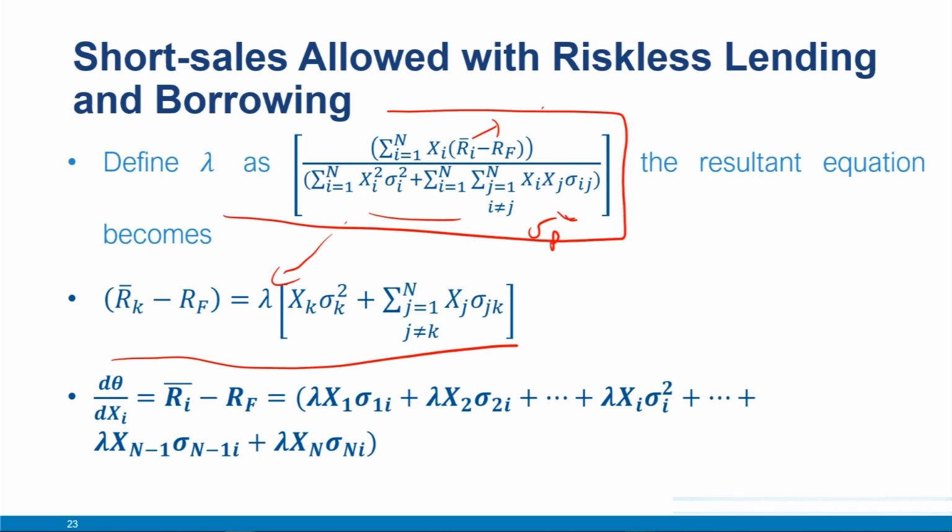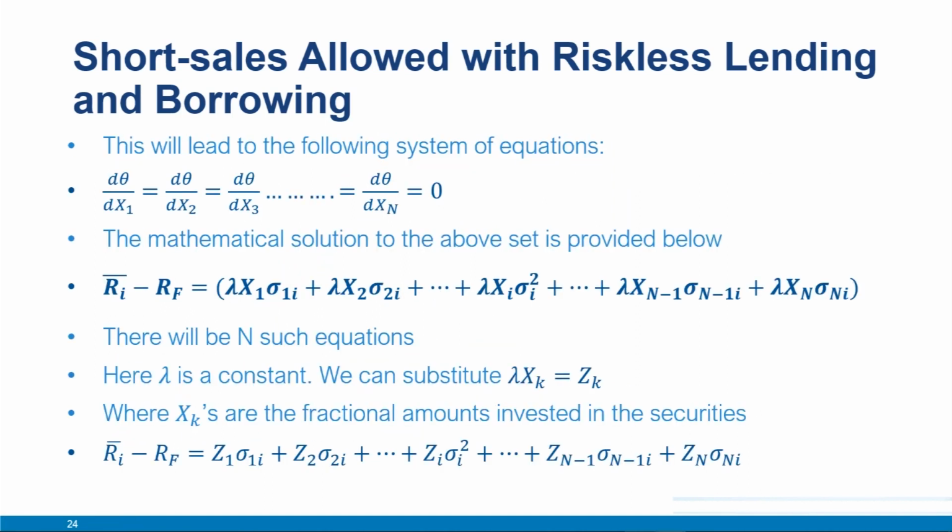Now further what we'll do is we'll open it for lambda, and we get this broad generic expression that we have already seen in the previous video, where we multiply lambda. So the generic expression is lambda x1 sigma 1i plus lambda x2 sigma 2i and so on up till lambda xn sigma ni, where the ith term becomes lambda sigma i square xi. Let's further simplify it. So our broad generic expression, the partial differential with respect to each of the xi.